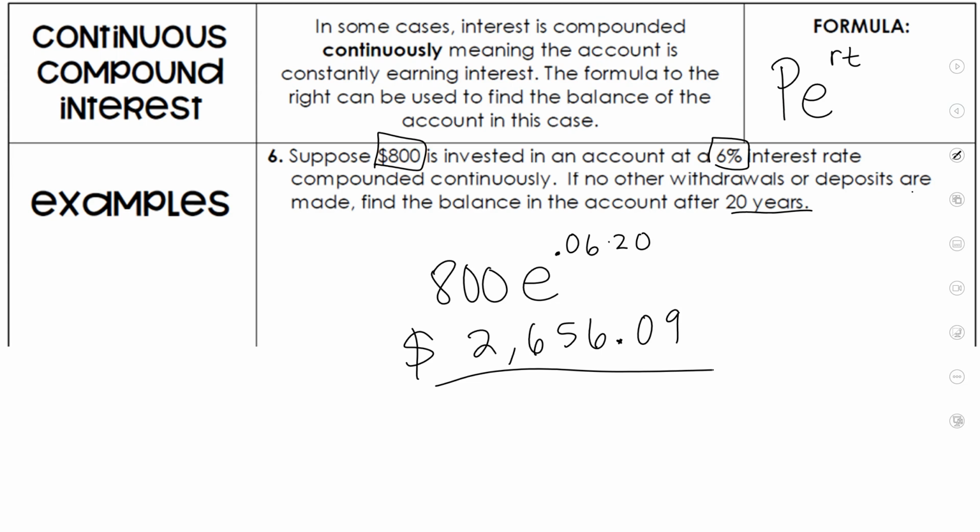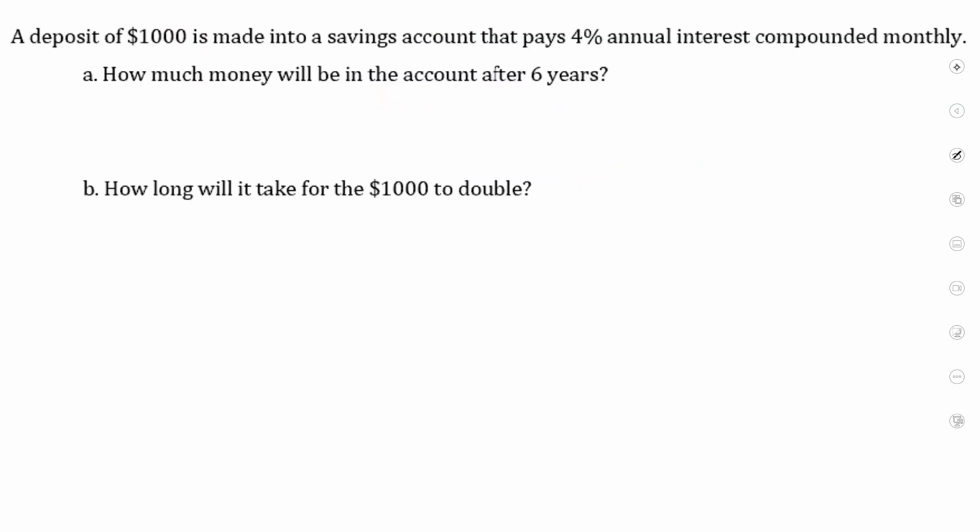Okay, now we're going to move on to some more problems. I'm going to do some more examples with you. Let's move to the back page. We're going to do this one. Okay, so we have to pay attention to what it's saying so that we know what formula to use. So guys, remember when it says compounded monthly, compound interest, remember the formula is the principal, 1 plus R over N to the power of T. This is compound interest.